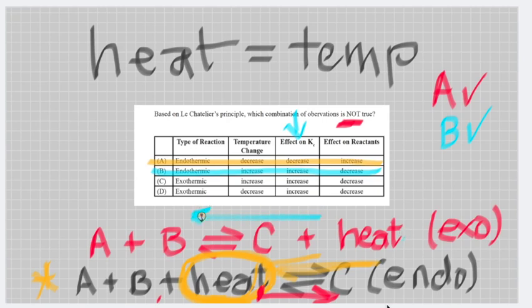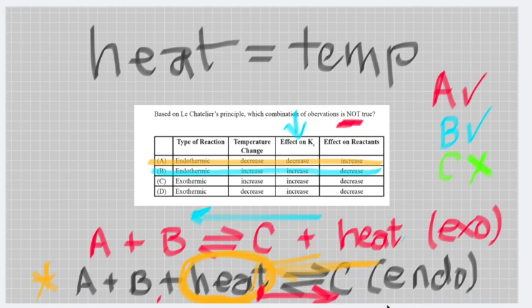So reactants would increase. And that's not what C says. C says reactants will decrease if you increase the temperature in an exothermic reaction. So from the look of that, it seems as though C is our answer. And it's the wrong one. It's the one that's not true.